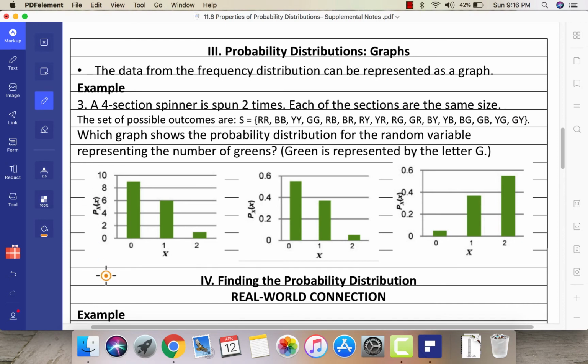So for 0, we have 9 over, and then we have 1, 2, 3, 4, 5, 6, 7, 8, 9, 10, 11, 12, 13, 14, 15, 16 spins.